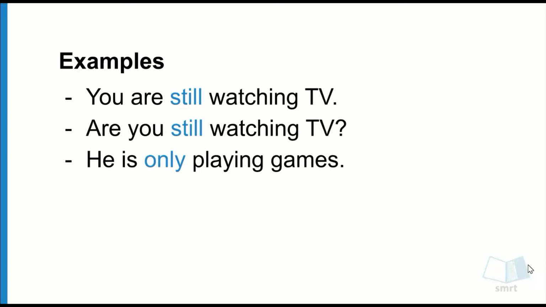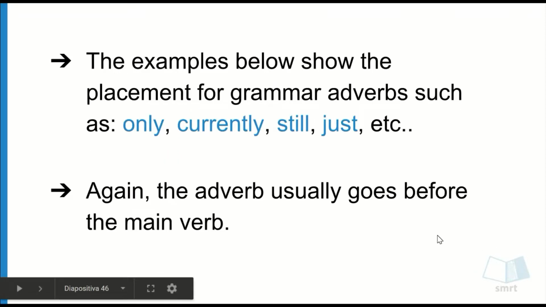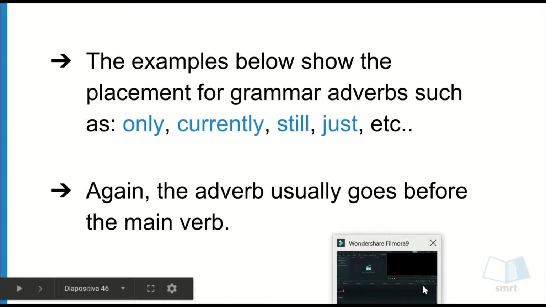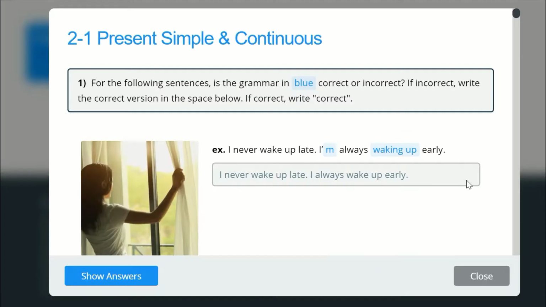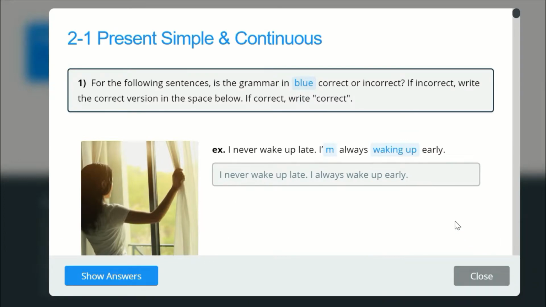En la consola. Okay, so now let's take a look at the exercises here. This is the exercise of the present simple and continuous. For the following sentences, is the grammar in blue correct or incorrect?